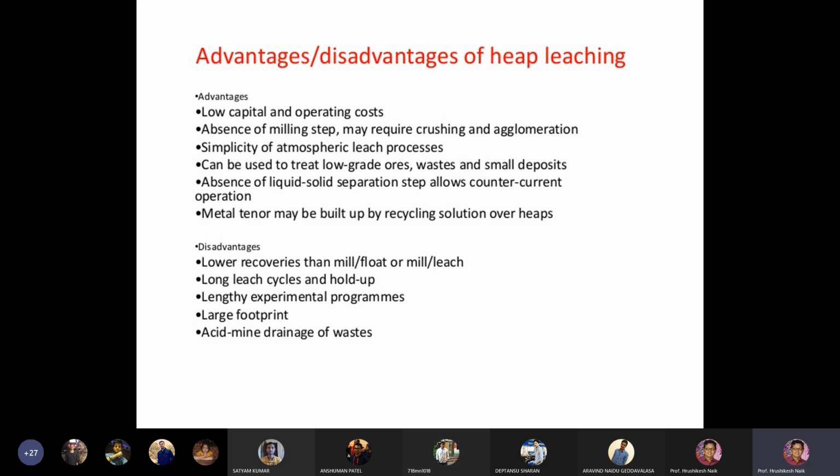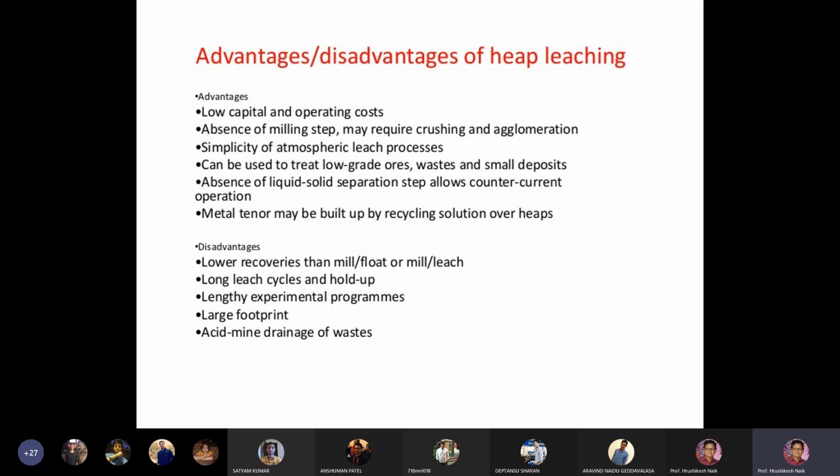Simplicity of atmospheric leach processes. It can be used to treat low-grade ores, stressed materials, and small deposits. Absence of a liquid-solid separation stage allows countercurrent operation. Metal tenor may be built up by recycling solution over the heaps.